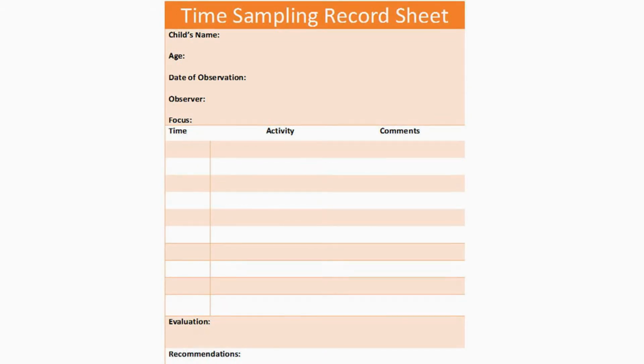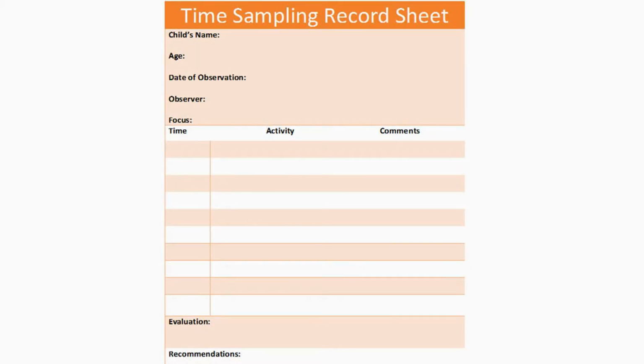Okay, so here's a look at the time sampling record sheet. It has a place for the child's name, age, date of observation, and the name of the observer. And where you see the space for focus, that is where you will describe the behavior you will be looking at.